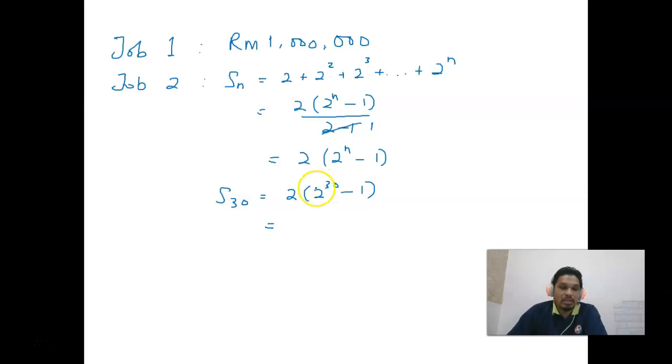And the number that you get here is RM21, not 21,000. Please guess. 21,474,836.